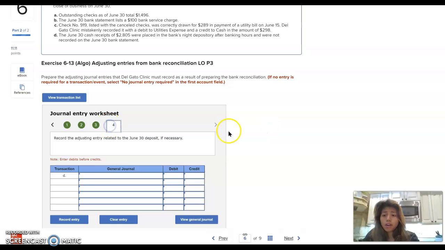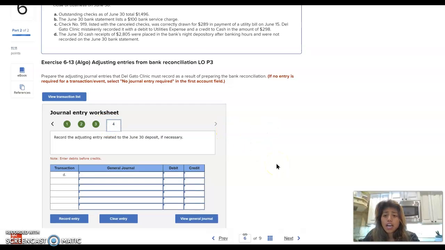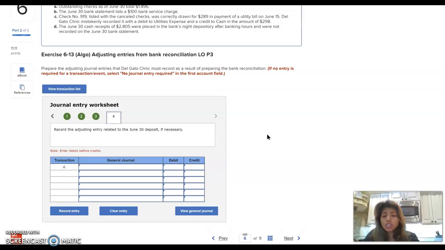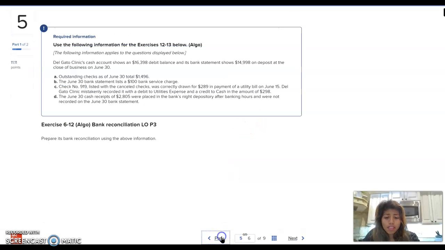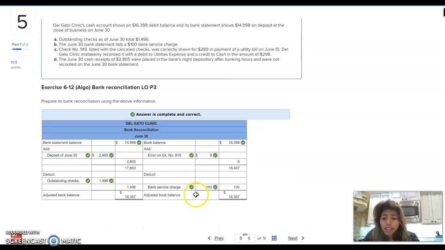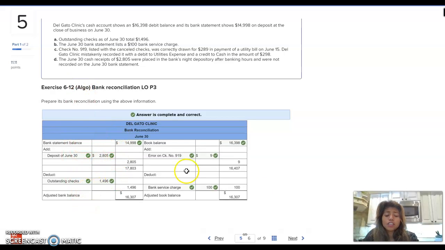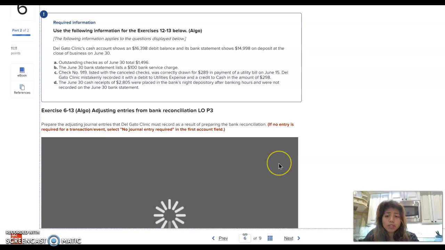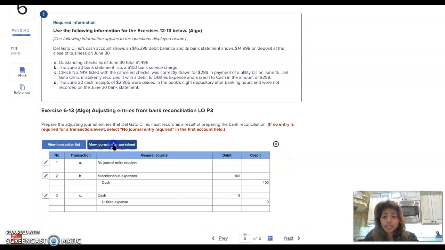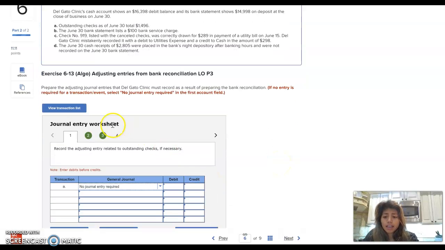And number 4, which is letter D, that one was for the bank statement, as you can see right here, number 4. So we do not need to record anything basically. So we're going to have to add that right here.